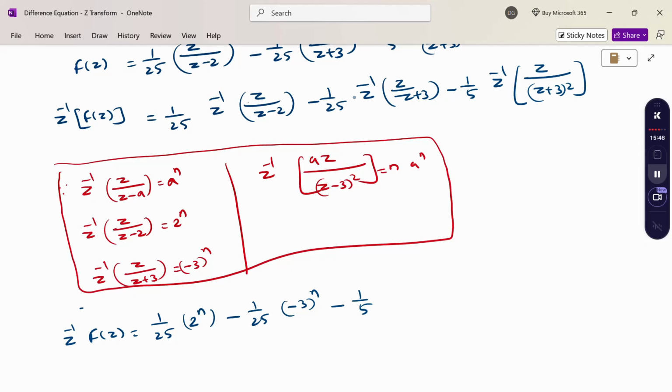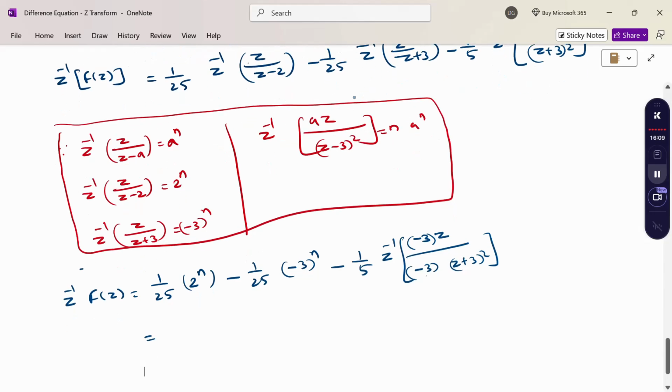Therefore, to get the -3 here, multiply by -3 and divide by -3; the value will not change. So this term is 1/25·2ⁿ - 1/25·(-3)ⁿ, and then plus 1/15 z⁻¹ of -3z/(z-(-3))².